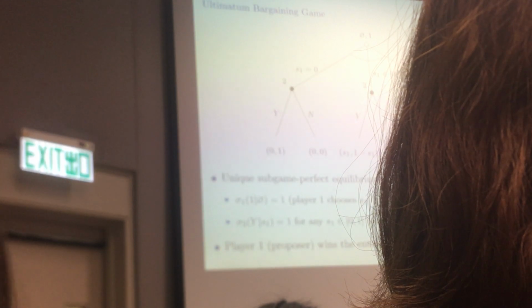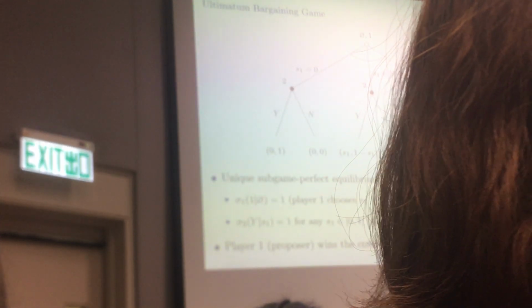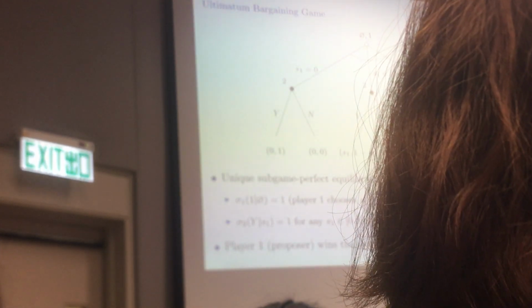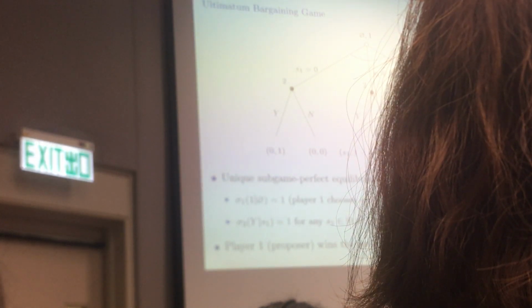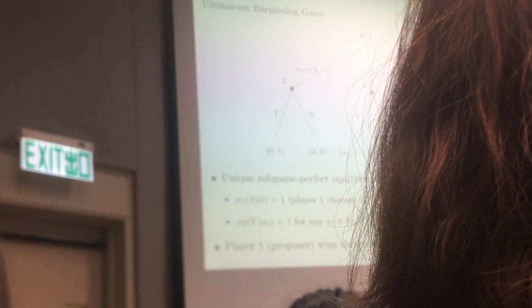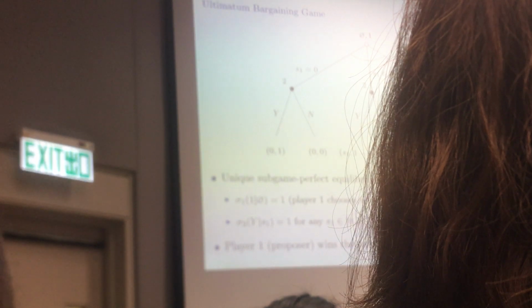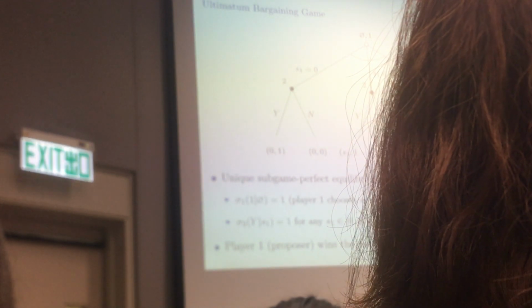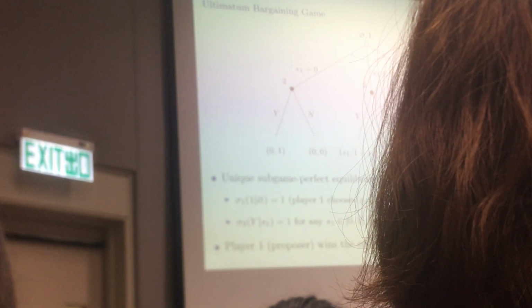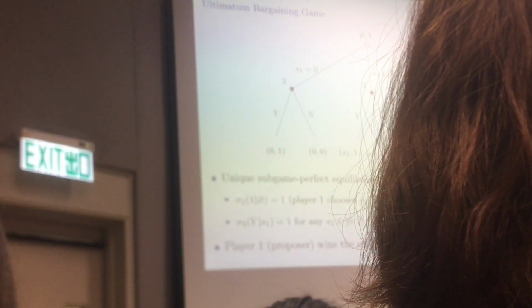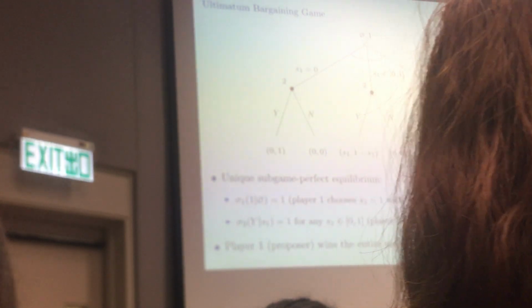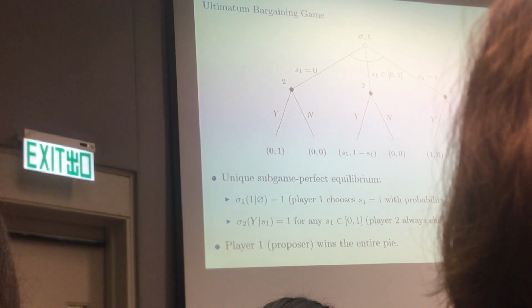Okay, bargaining. I don't really feel I have to argue why bargaining is important in economics. I think all economists and all students can agree that bargaining is really important in economic theory.